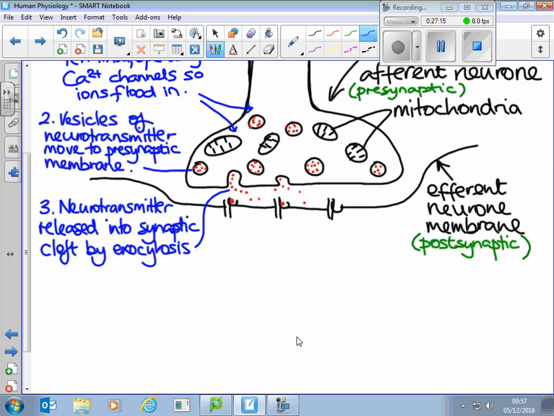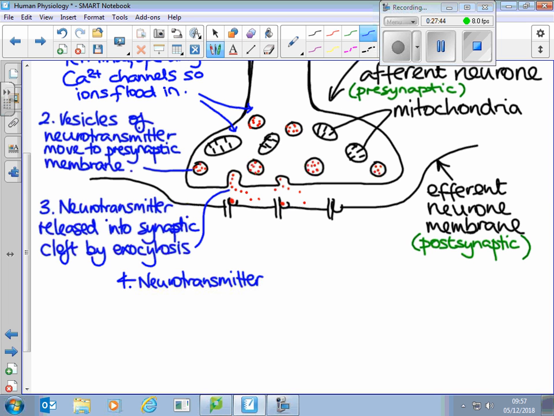So what's happening here then, my fourth step, and this is the important bit, isn't it, if you think about it, because this is where we're actually trying to pass the action potential on. So the neurotransmitter binds to a receptor that's got a shape to fit that neurotransmitter, so we describe it as stereospecific. Yeah.